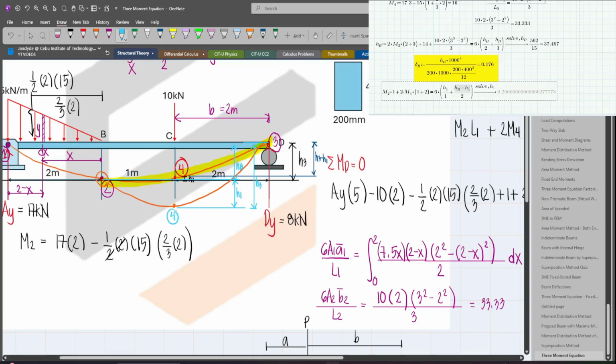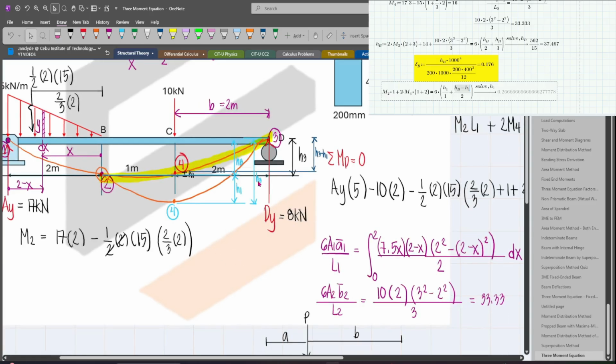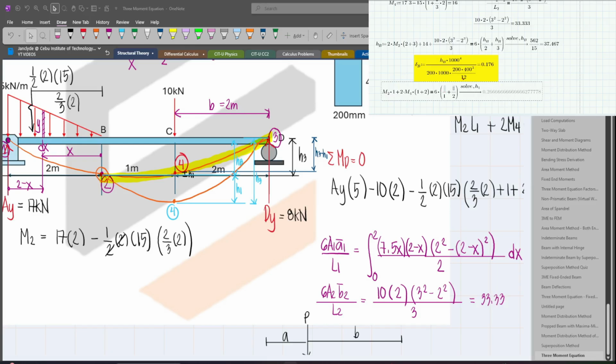So, in our equation, this distance H1 is essentially equal to H sub 3 minus H sub B. So, ngayon, yung magbabago lang, H sub 1 will be equal to H sub 3 minus H sub B, according to the figure.